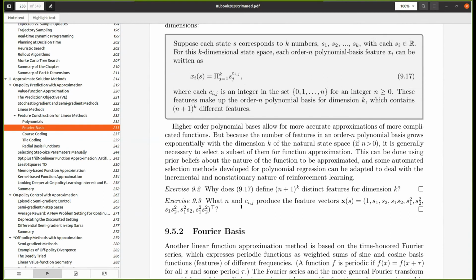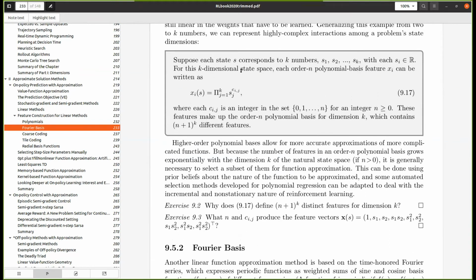And the question: why do we have n plus 1 to the k features in 9.17? The answer comes from combinatorics, right?